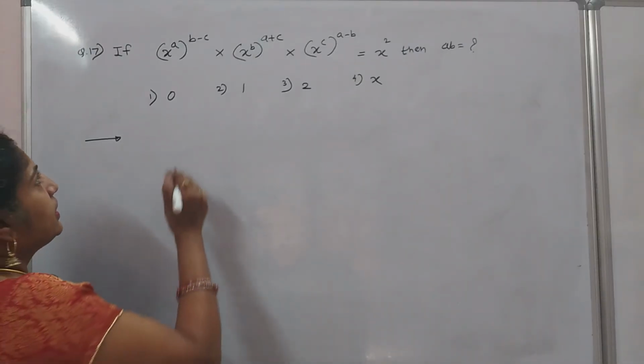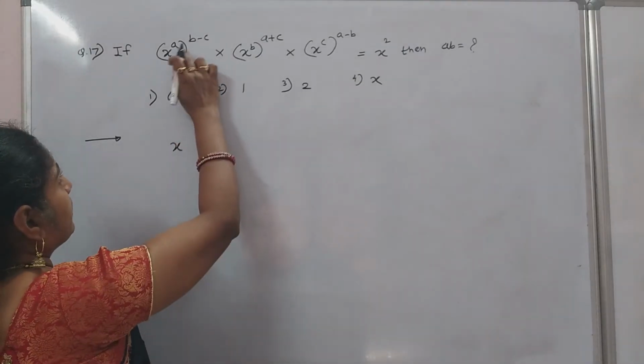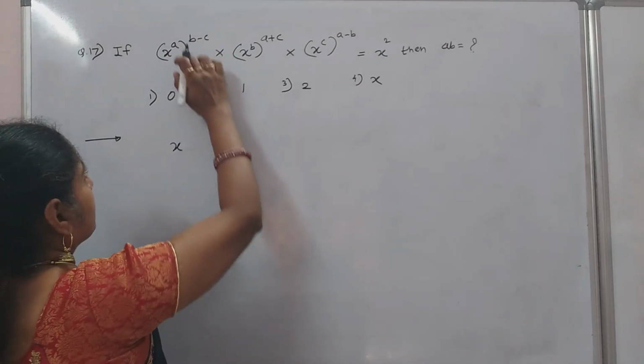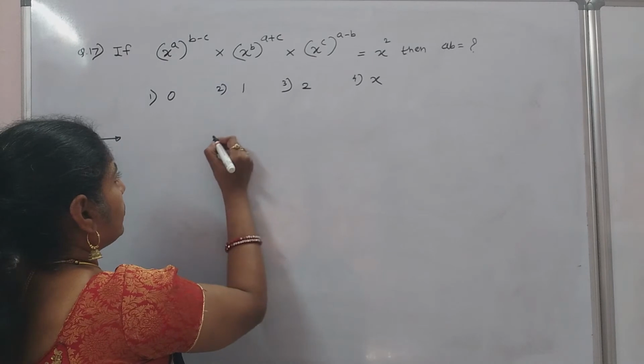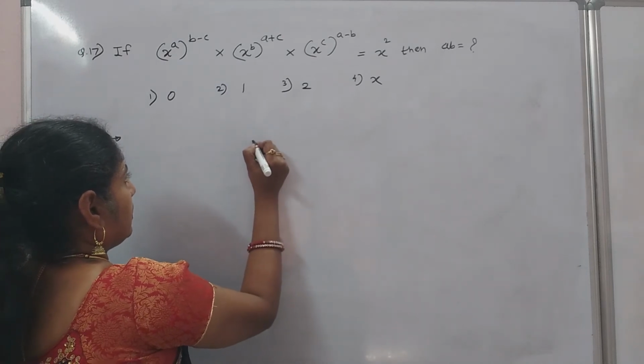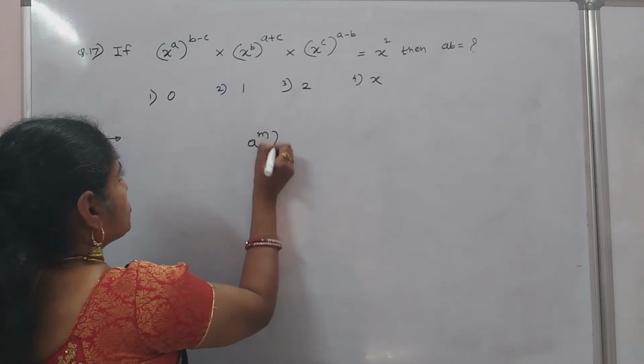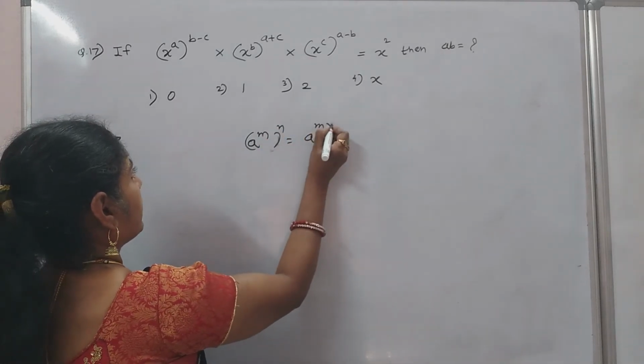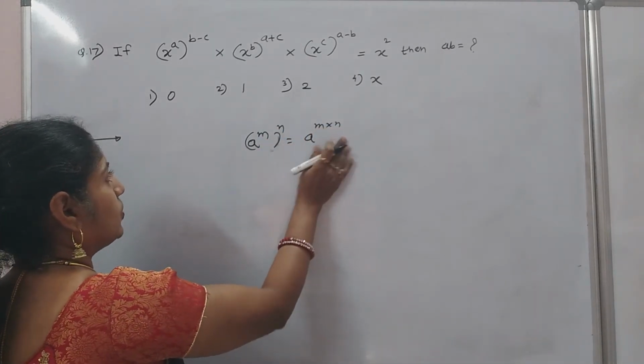Next is x raised to a, b minus c, whole raised to a raised to b. Use a raised to m raised to n, power of the power, multiplication of m into n. Use this rule.